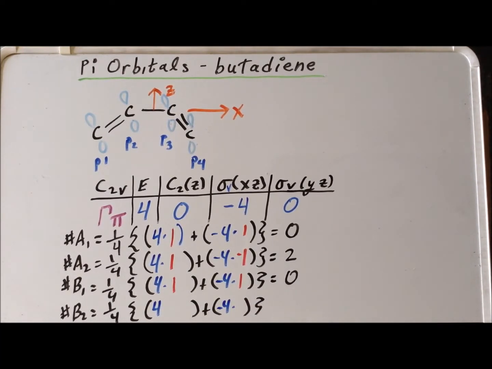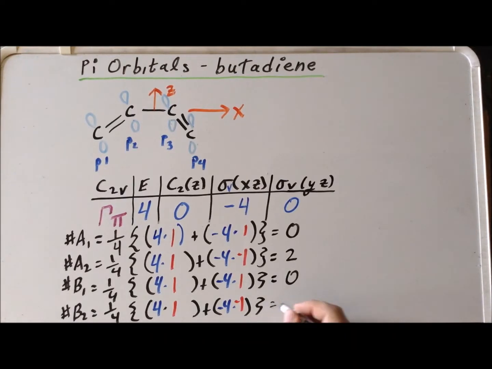If you know the numbers don't change, it's helpful to write them all down in a series and less likely to make a mistake that way. So our characters here are 1 and a minus 1. We get this from consulting the character table for the point group C2V, which we can find in our textbooks, and they're widely available online. 4 plus 4 is 8, divided by 4 gives us 2.